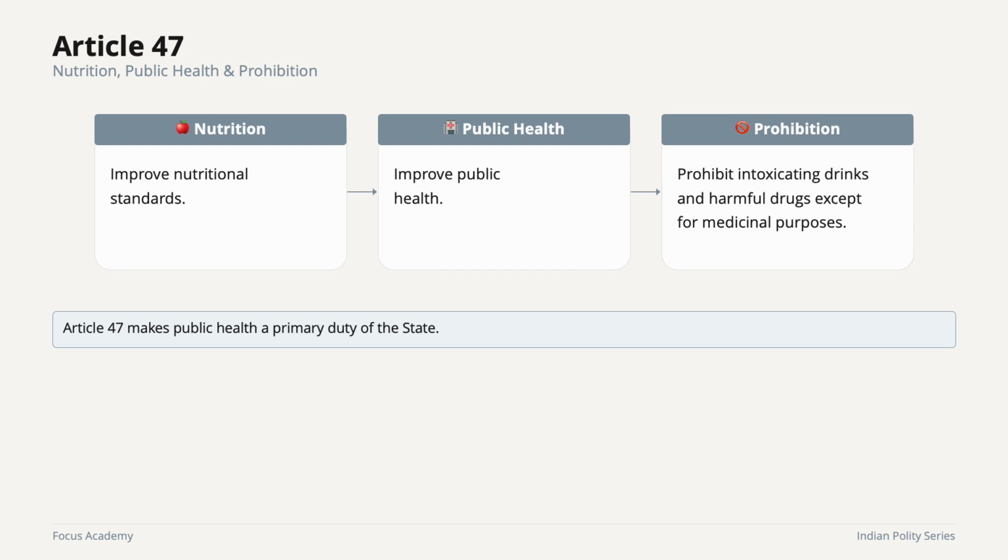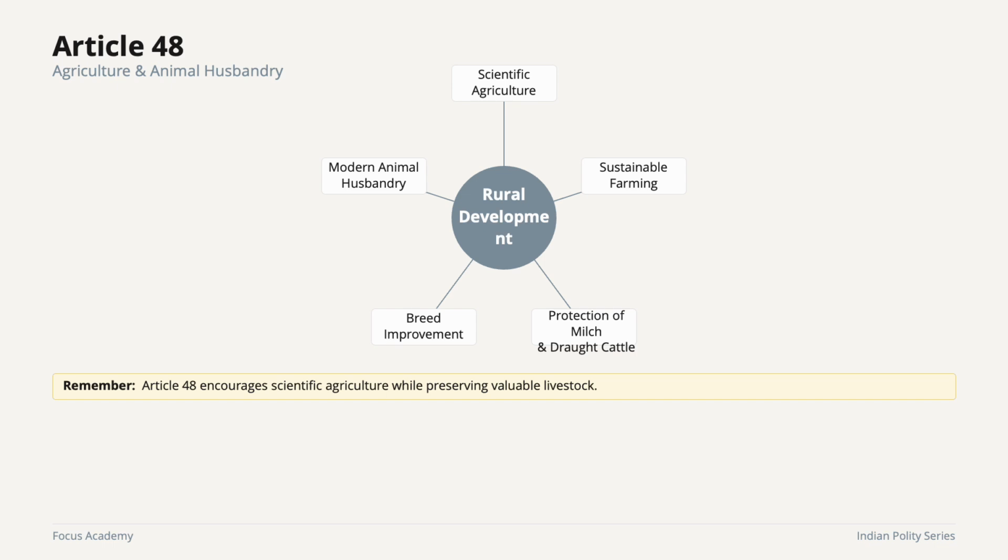The social welfare department is the department in charge, in Nagaland, of providing nutrition to the public. And now we have Article 48, agriculture and animal husbandry. Article 48 encourages scientific agriculture while preserving valuable livestock.